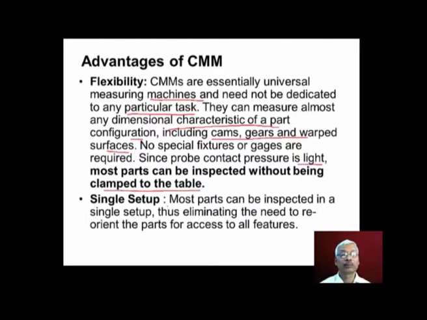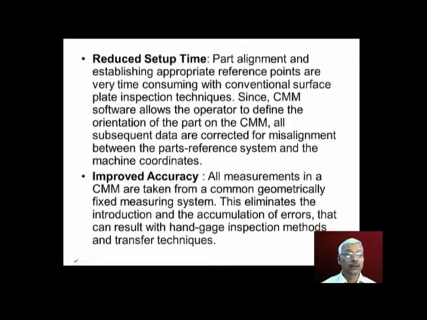Single setup measurement. Most parts can be inspected in a single setup, thus eliminating the need to reorient the parts for access to all features. And we can achieve reduced setup time. Part alignment and establishing appropriate reference points are very time consuming with conventional surface plate inspection techniques.